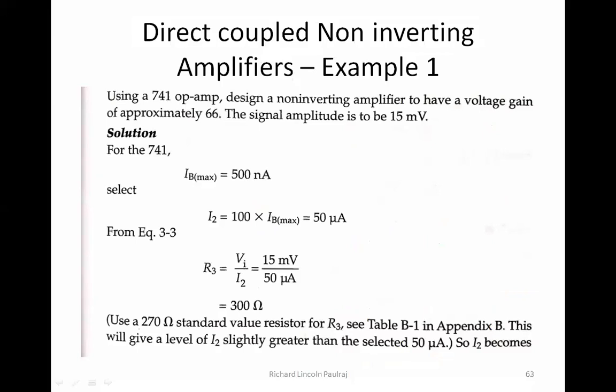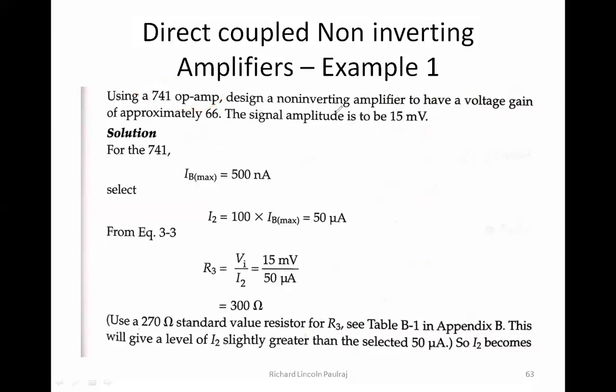Fine. Now let us solve one example. I have two examples in mind, and we will start off with the first one. Using a 741 op-amp, design a non-inverting amplifier.